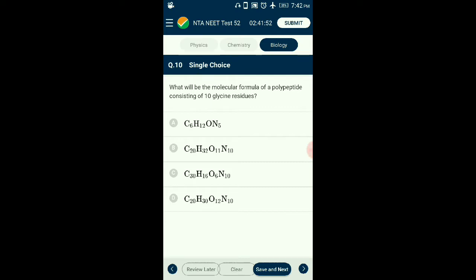Thus, the molecular formula of the polypeptide will be 10 times C2H5O2N1 minus 9 H2O, which equals C20H32O11N10. So the correctly matching option is option B, C20H32O11N10.